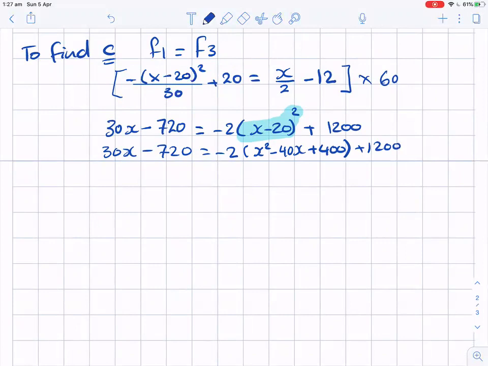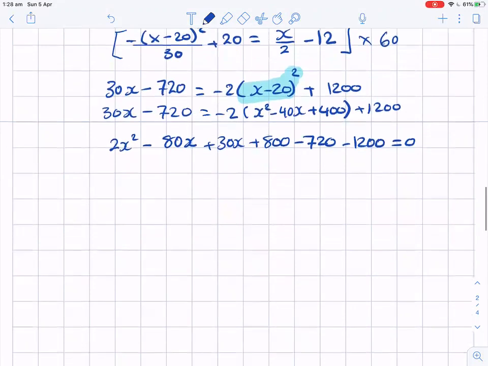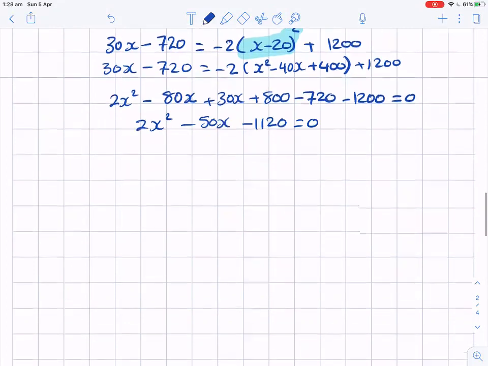After you tidy up, move things to the other side, and multiply out the minus 2 by the bracket, you get 2x squared minus 80x plus 30x plus 800 minus 720 minus 1,200 equals 0. You can solve this using the quadratic formula. So 2x squared minus 50x minus 112 equals 0.